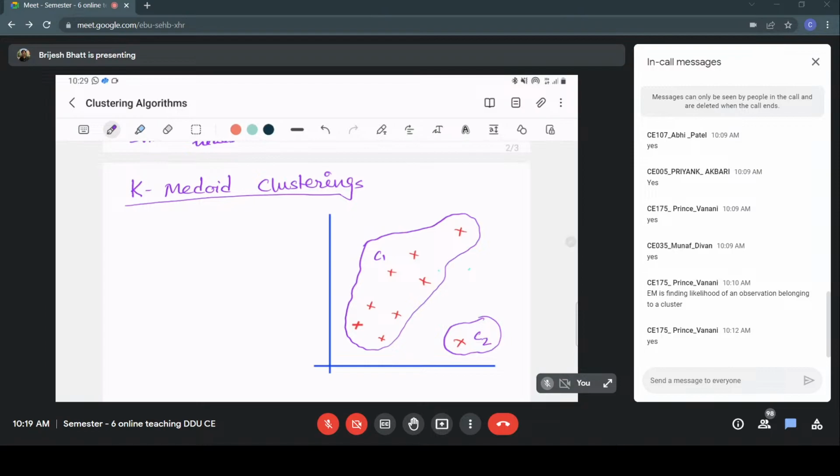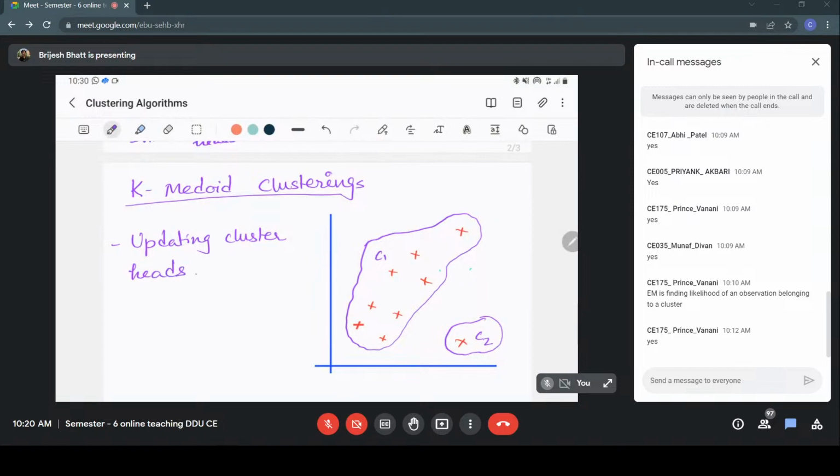The algorithm differs at the point of updating cluster heads. We recalculate the cluster head from data points.